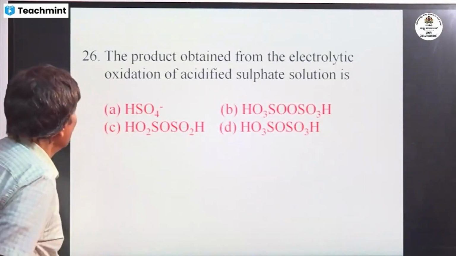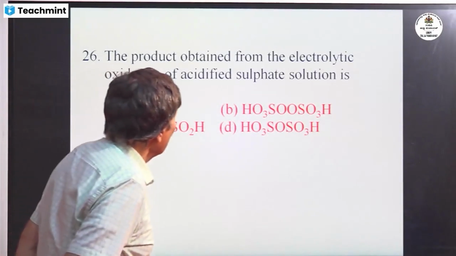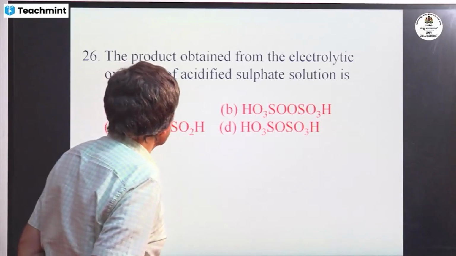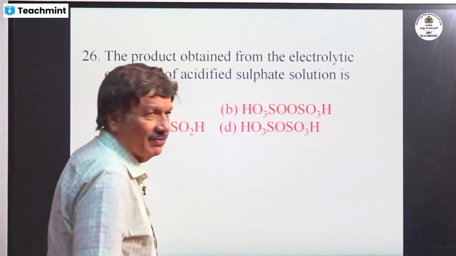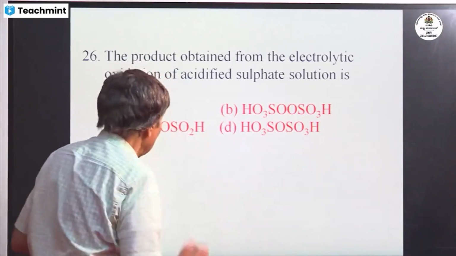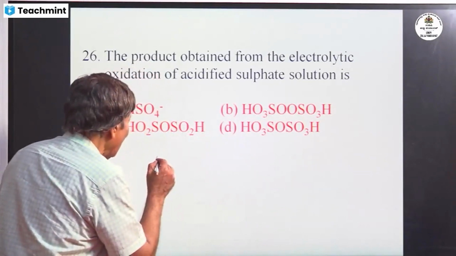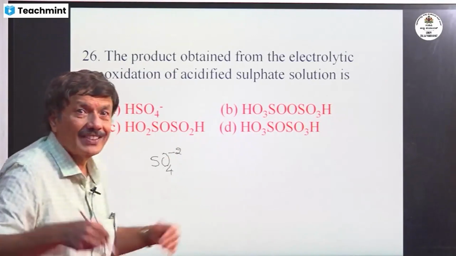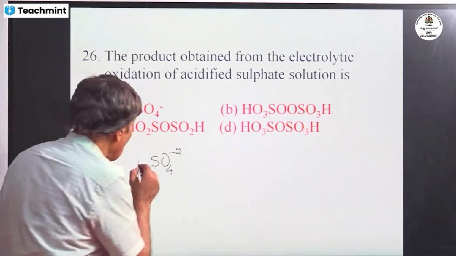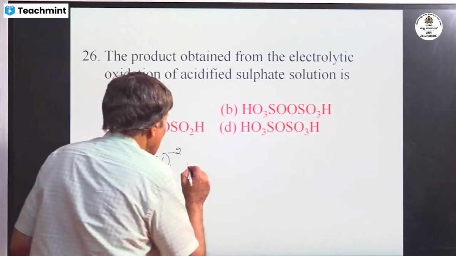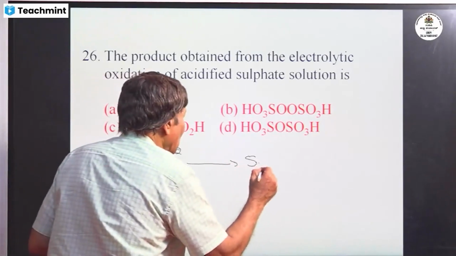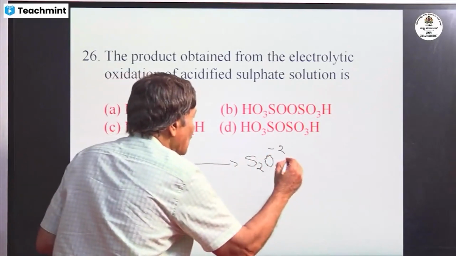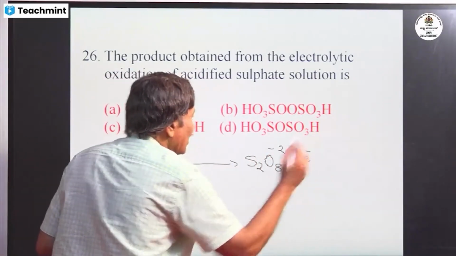The product obtained from the electrolytic oxidation of acidified sulfate solution. Sulfate, what is the formula? SO4 minus 2. Oxidation means loss of electron. 2 sulfate gives S2O8 minus 2 plus 2 electrons.